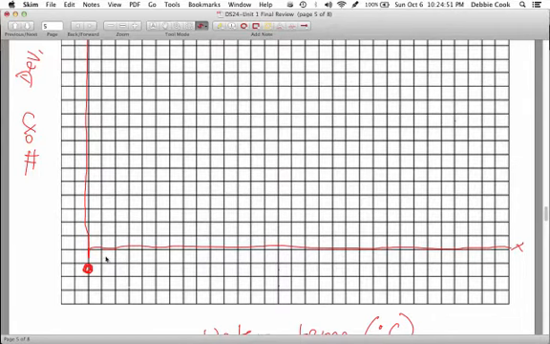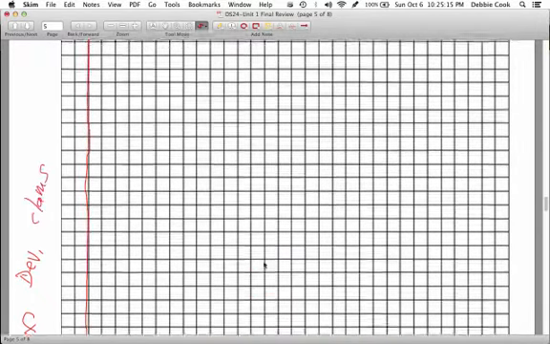And then I think I'm just going to go by tens. So this is going to be 10, 20, 30, 40, 50. And I know that 50 is my highest number, but I'm going to keep going to give myself some space. Okay, so I have 10 through 60 on the side.